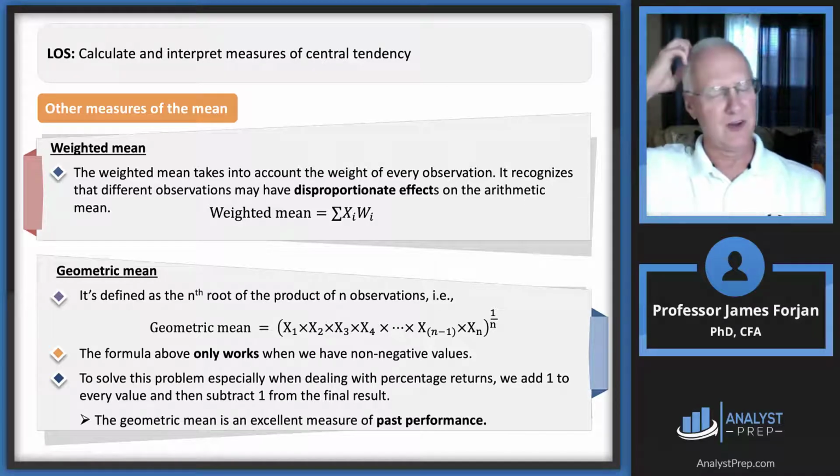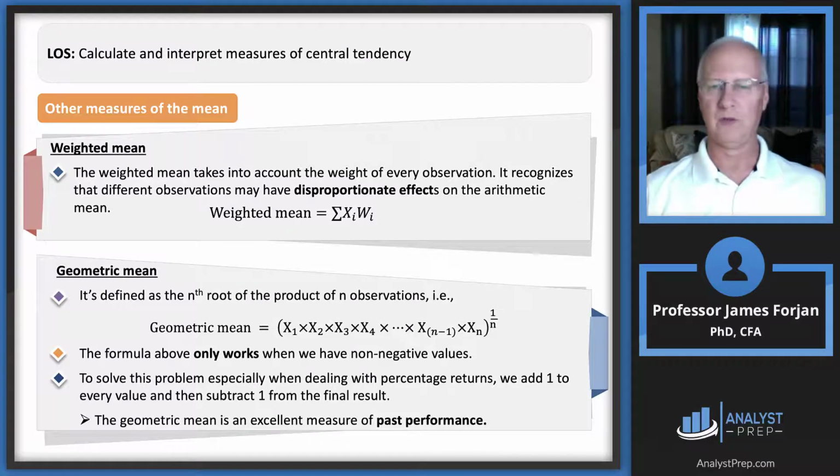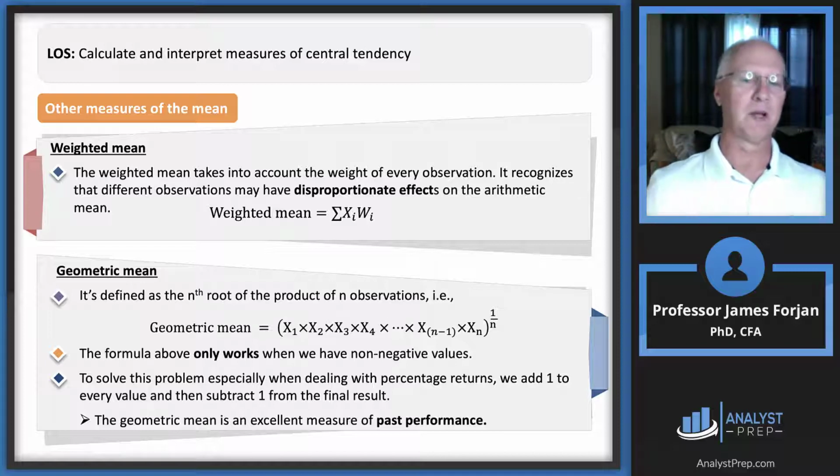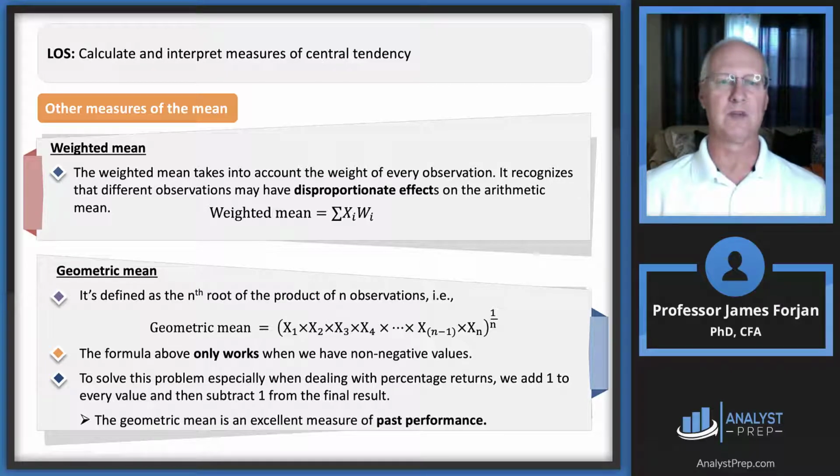And you're going to scratch your head, and you're going to say, wait a minute, Jim, I started with 100 and I ended up with 100. How can I pay you a bonus? And you're going to whip out your CFA geometric mean book and you're going to say, wait a minute, let's compute the geometric mean. Let's take 1 plus that 100%. That gives me 2. Let's take 1 minus that 50%.